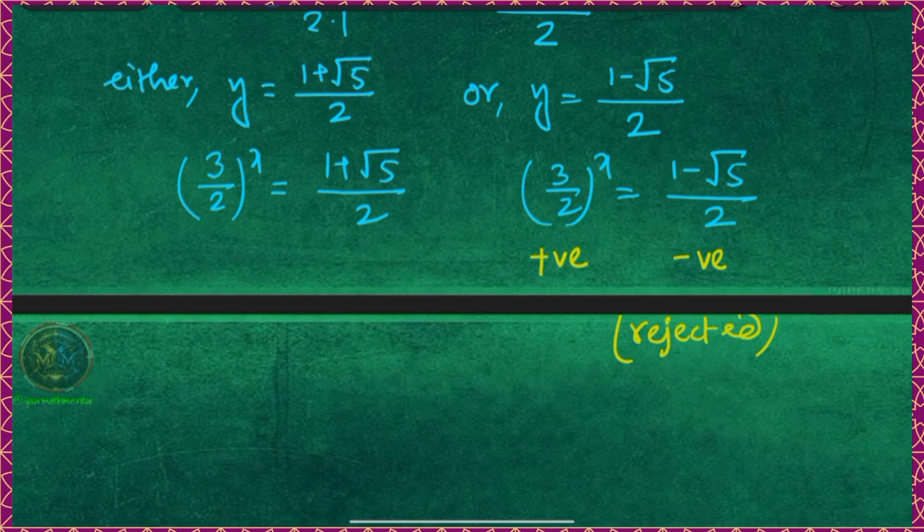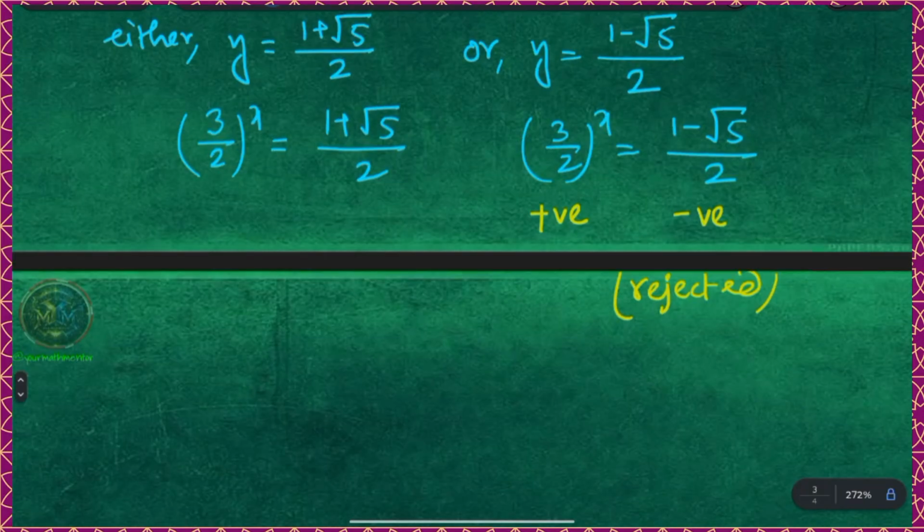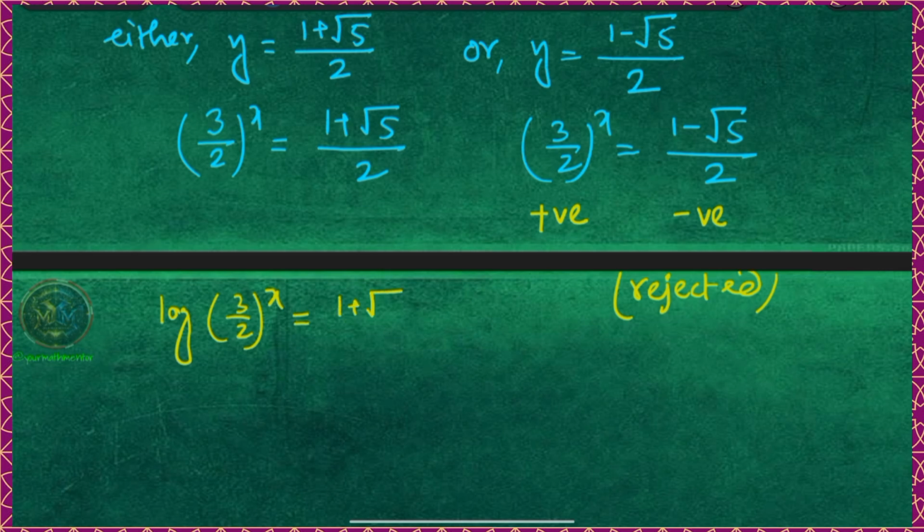So we are left with only one solution. The solution is (3 by 2) whole to the power x equals (1 plus root 5) by 2. Now for finding the value of x, again we take log. We saw the same step in the previous Math Olympiad question solving.